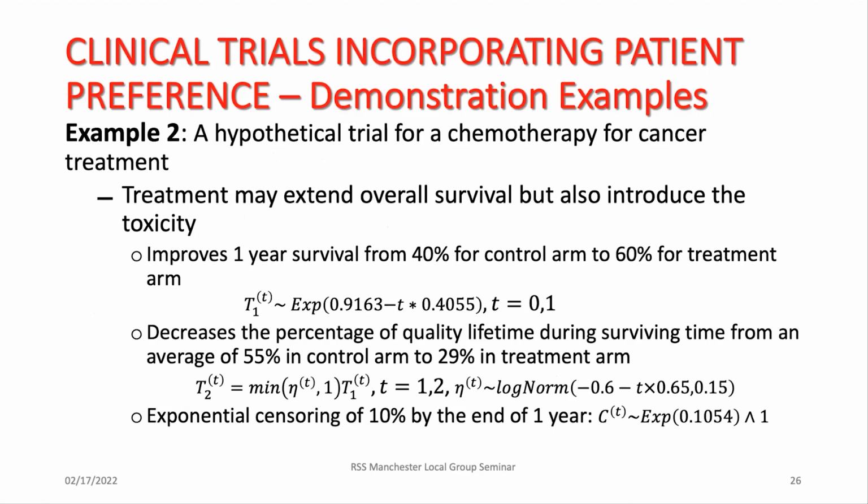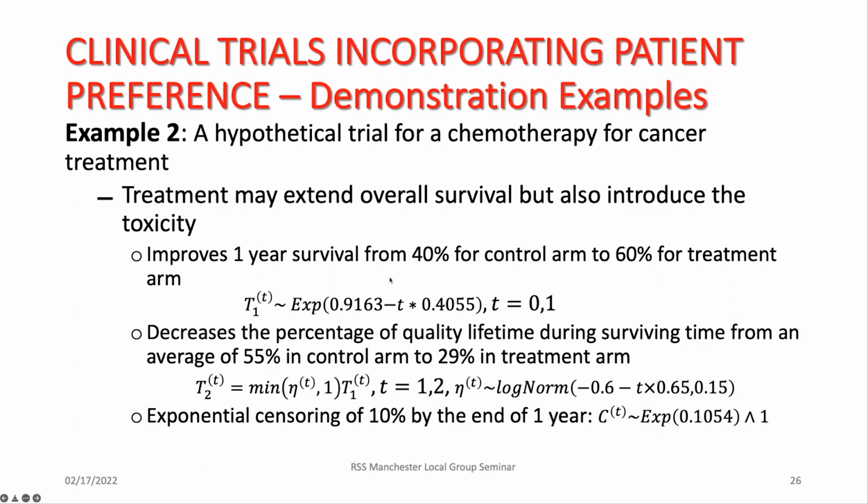If we talk about survival endpoints, say I do some kind of chemotherapy, which is very toxic, and I improve patient survival from 40% to 60%. This is hypothetical. I mean, it's a really amazing improvement.